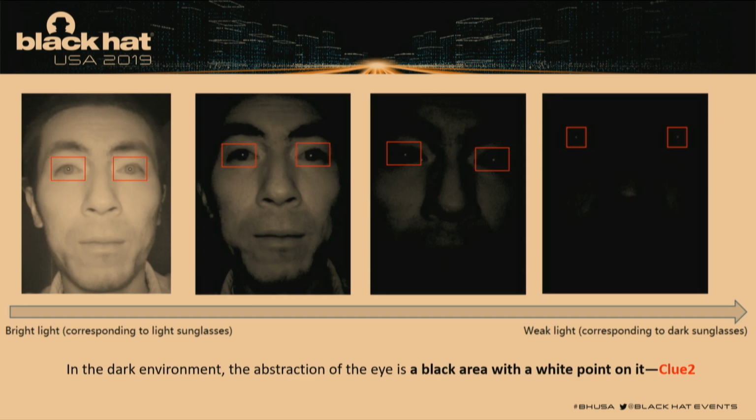The second fact is if the user is in a dark environment, and we did a serious experiment and found we can abstract our eyes to just a black area and a white point on it. That's just a 2D eye abstraction. So that's the second clue.